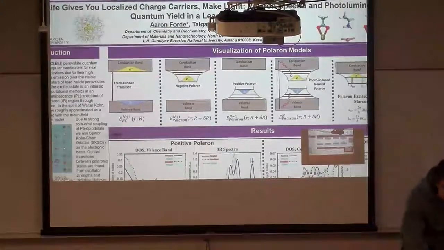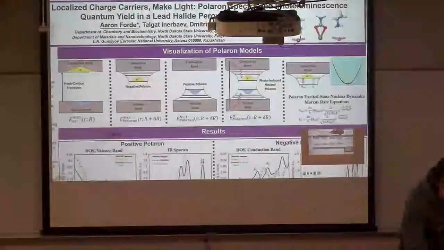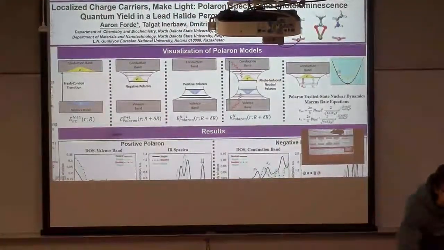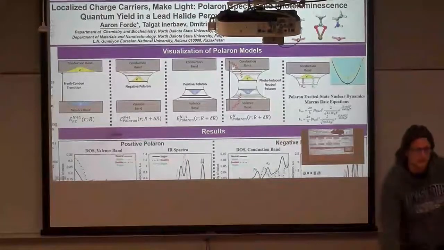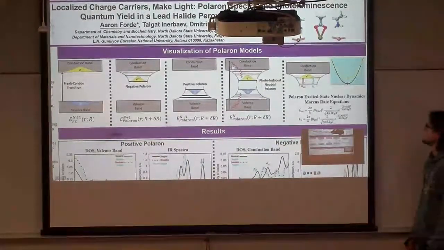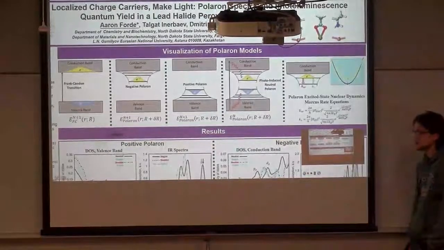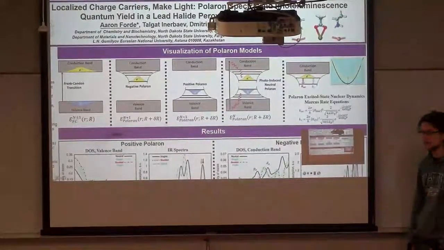And then another model that we will eventually try to get to, which I've been playing with, is looking at how nuclear reorganization affects the efficiency of IR emission for the polaron.